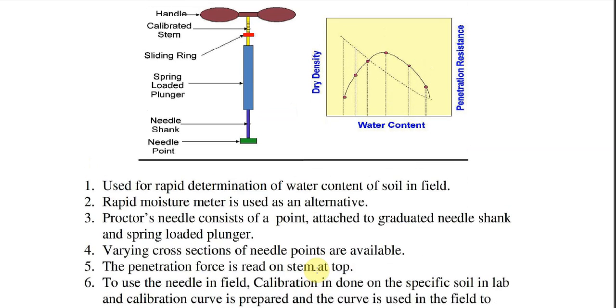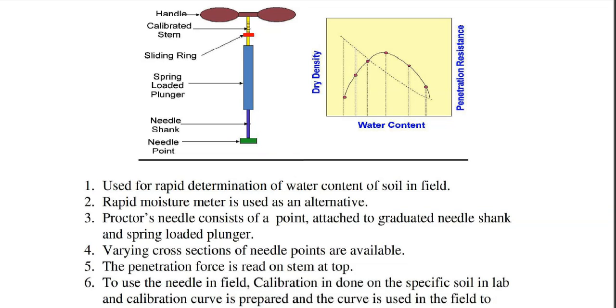Now, Proctor needle consists of a handle, calibrated stem, a spring-loaded plunger, a needle shank, and a needle point. When you want to check whether proper compaction is done in the field, you first do a laboratory test to determine maximum dry density and optimum moisture content.